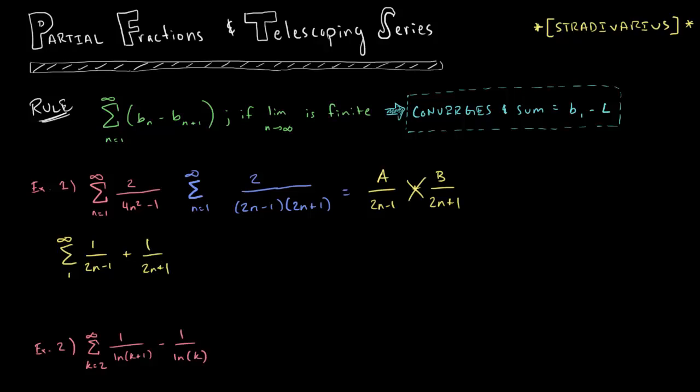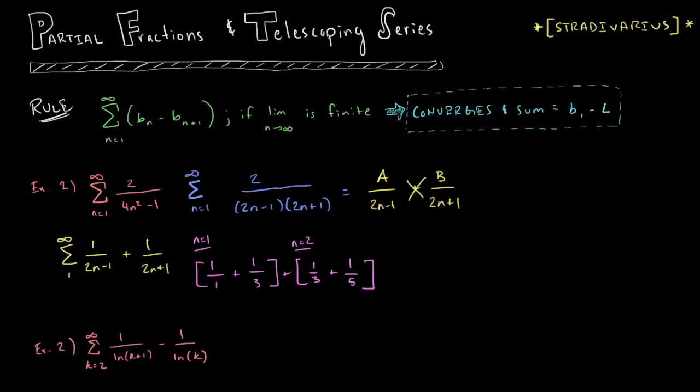Now I'm going to start plugging in terms. For n equals 1, we're going to have 1 over 1 plus 1 over 3. I'm going to add that to n equals 2, which is 1 over 3 plus 1 over 5.